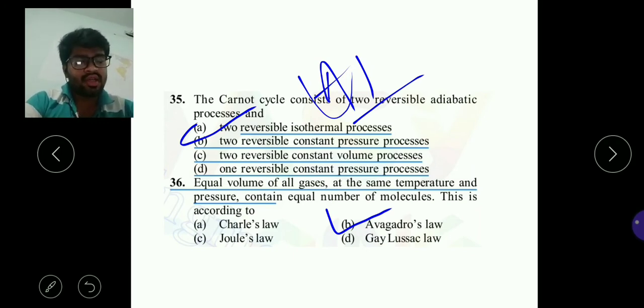But in case of Gay-Lussac's law, your volume remains constant, and there is a relation between pressure and temperature. In case of Boyle's law, your temperature remains constant, and there is a relation between pressure and volume. So these are the different gas laws, and Avogadro's law deals with the number of molecules. Then moving next.